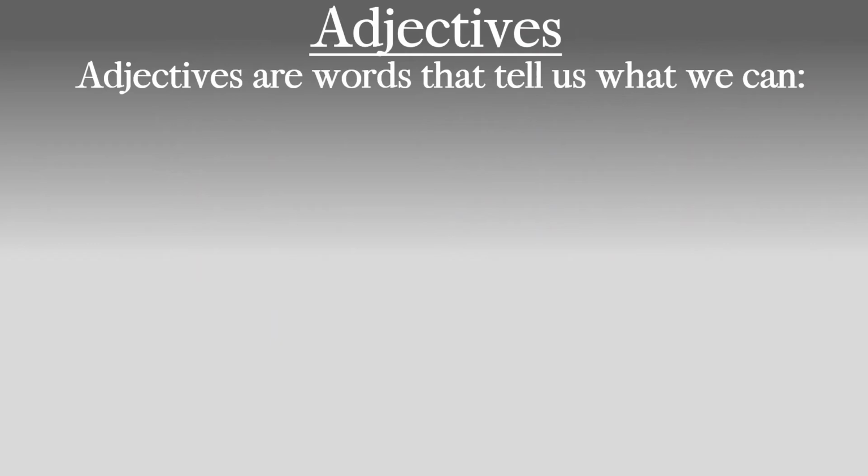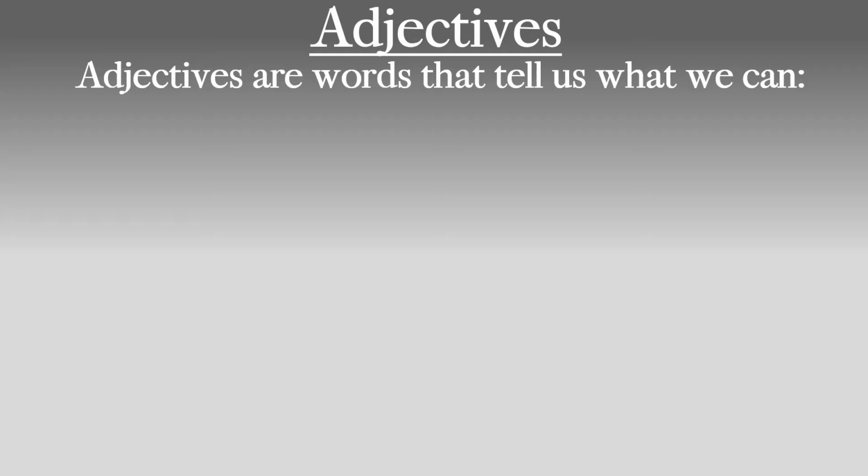Okay, this is a review class, which means we are going to look at things we have already learned and practice. So I think we need to talk about adjectives. Adjectives are words that tell us what we can. Do you remember the different things that adjectives tell us about?